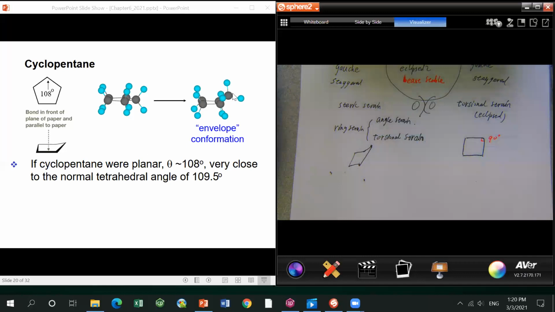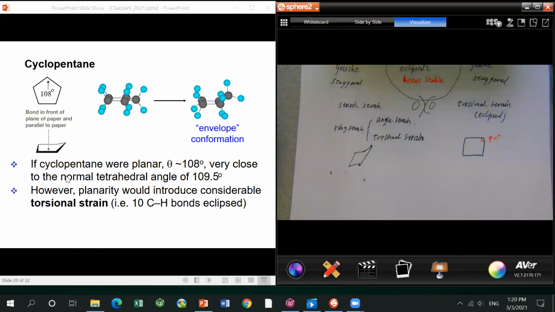If you bend one carbon up, the bond angle is still close to 108, which means cyclopentene doesn't have too much angle strain, but the torsional strain is greatly released. So just keep in mind, cyclopentene is not a planar structure, and it is in this envelope conformation.